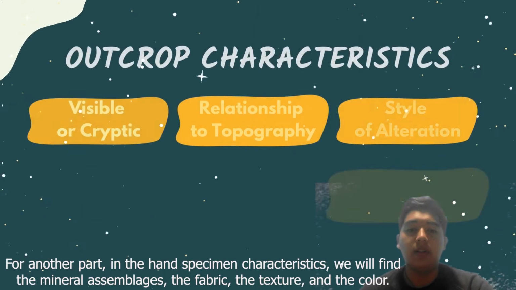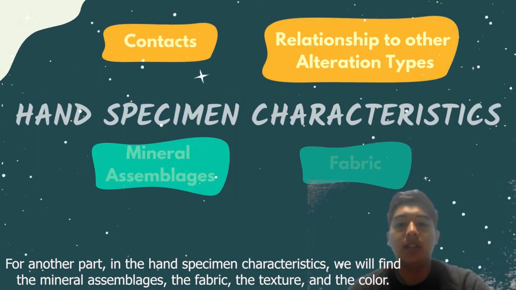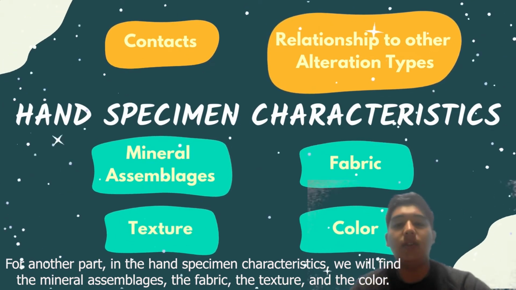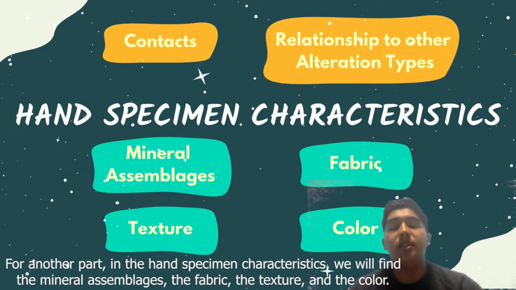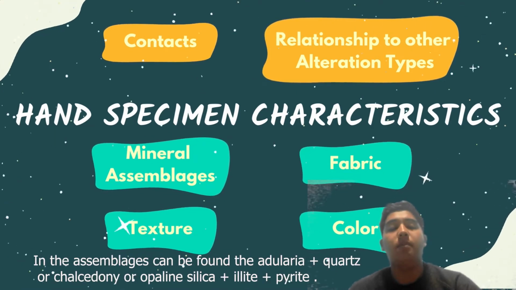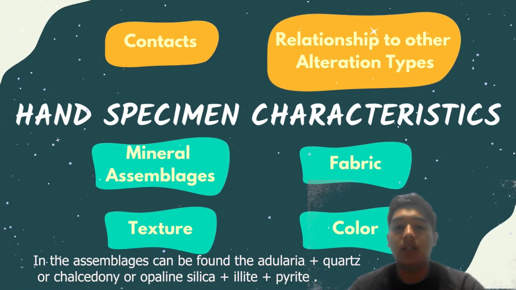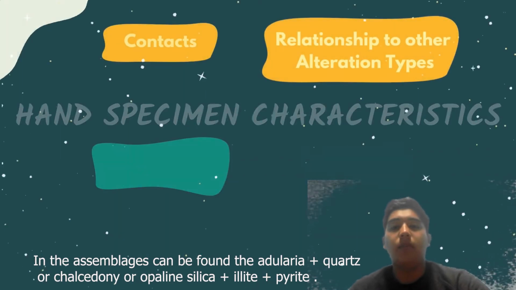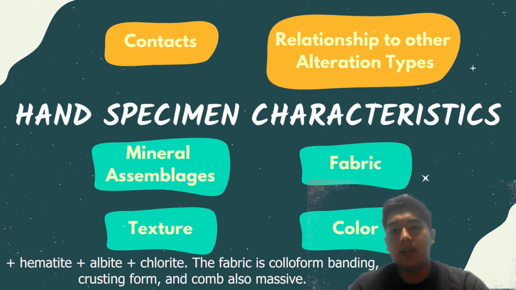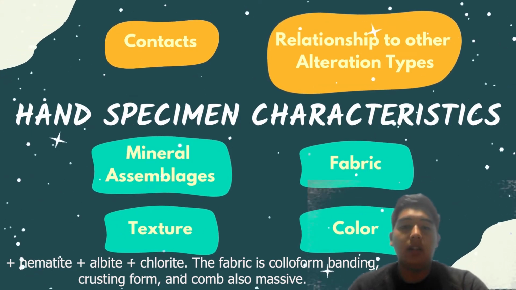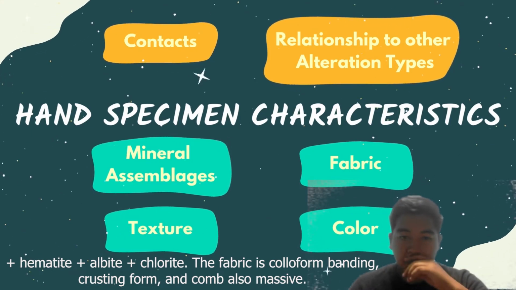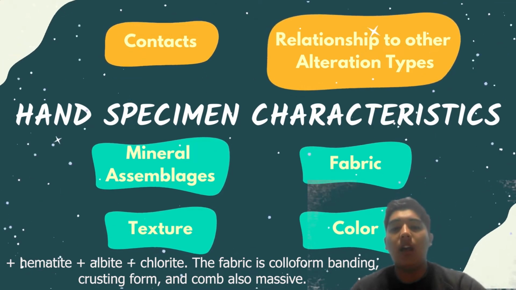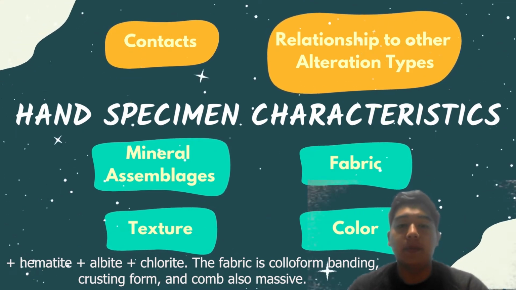For another part, in the hand specimen characteristics, we will find the mineral assemblage, the fabric, the texture, and the color. In the assemblage can be found adularia plus quartz or chalcedony or opaline silica, plus illite, plus pyrite, plus hematite, plus albite and chlorite. The fabric is colloform banding, crustiform, and comb, also massive.